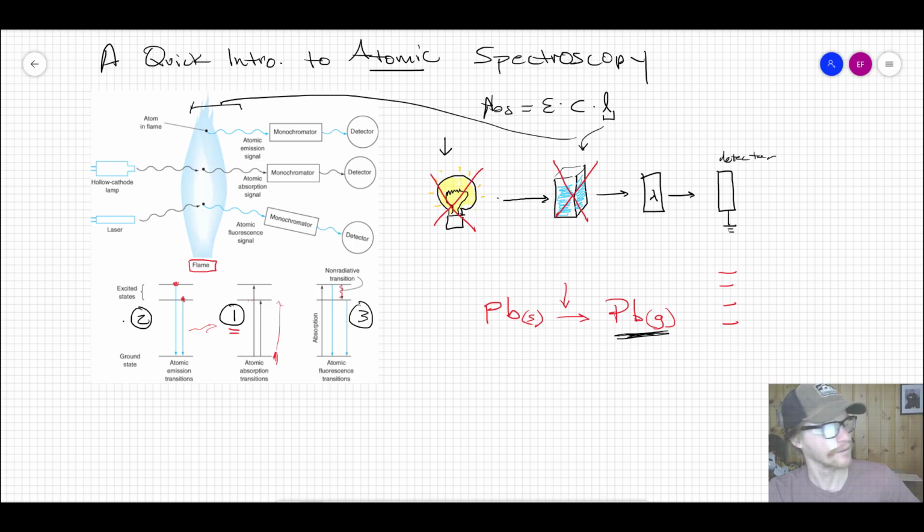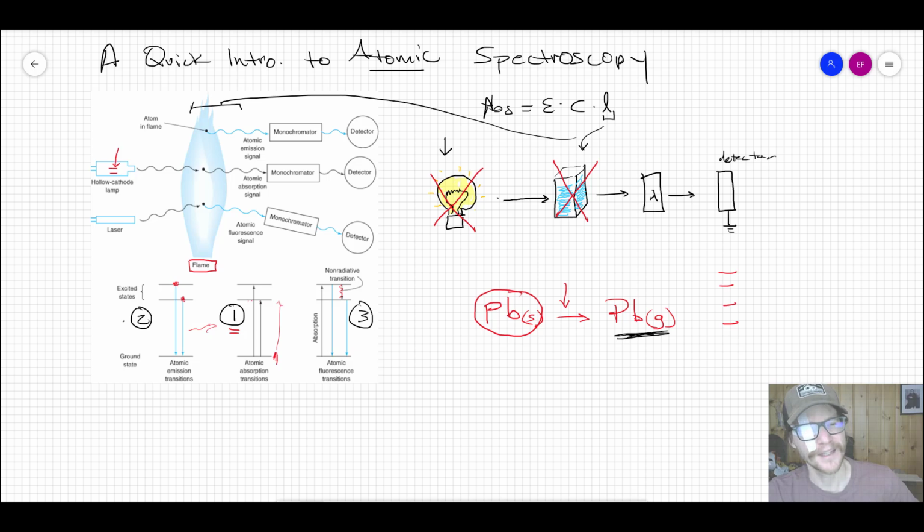A hollow cathode lamp is similar to a discharge lamp that you would have seen in Chem 107 when we talk about line spectra. Like a neon lamp, that type of thing where you have a single element inside of this thing. You've got a couple electrodes inside of this thing, and at least one of those electrodes is made up of the element that you seek to measure.